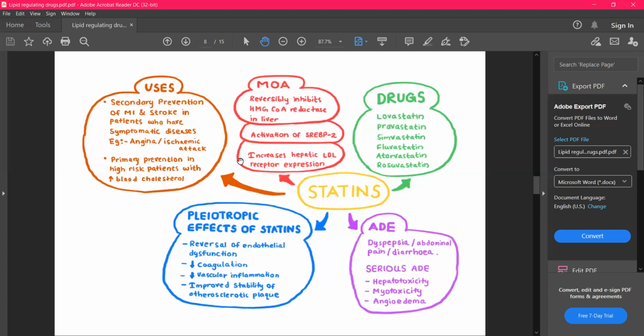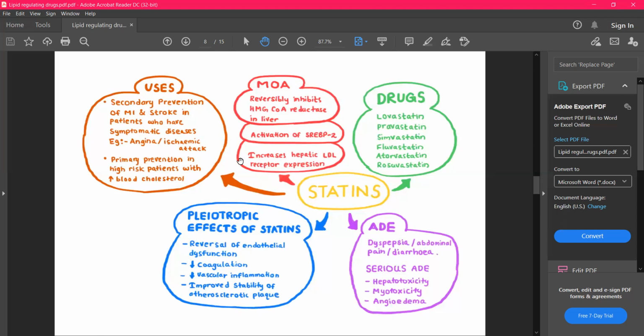A few points about the pharmacokinetics. It's given orally, and there's extreme first pass metabolism. There are few exceptions, but I don't think it's very necessary. Next, it's better at night. Why is it taken at night? Because these LDL receptors tend to show circadian rhythm, and they are expressed more in the nighttime.